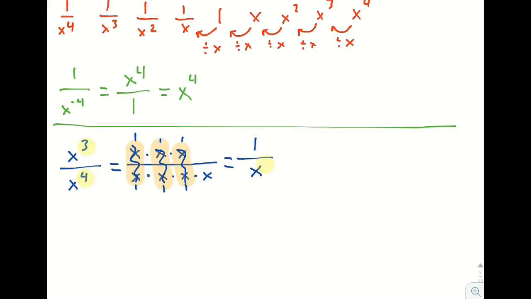We're going to do another example that has numbers also present and other letters. So let's say we have something like 2y to the 2nd, x to the negative 2nd, x to the 1, all over y times x to the 3rd.